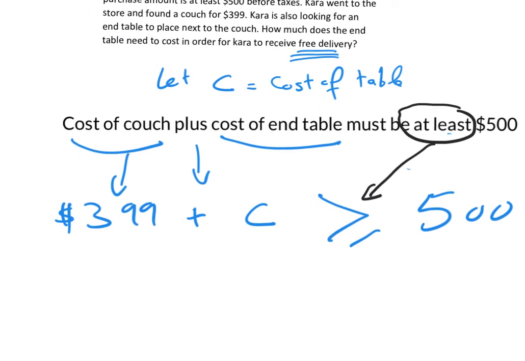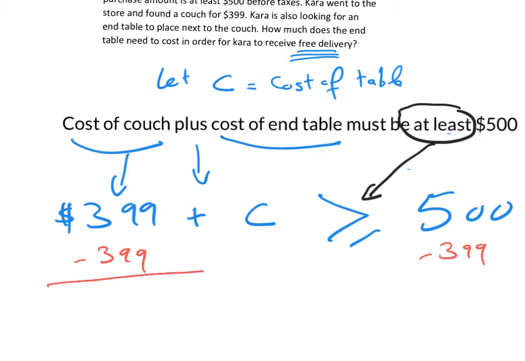So we have this inequality situation: 399 plus C greater than or equal to 500. We're going to use the inverse operation to solve this inequality. In order to find C, we need to get rid of 399, so we subtract 399 from both sides.